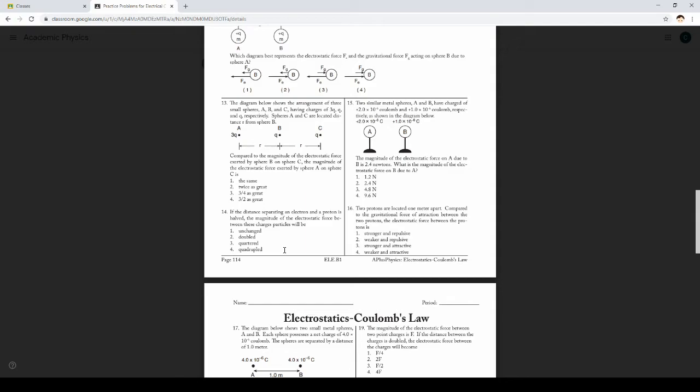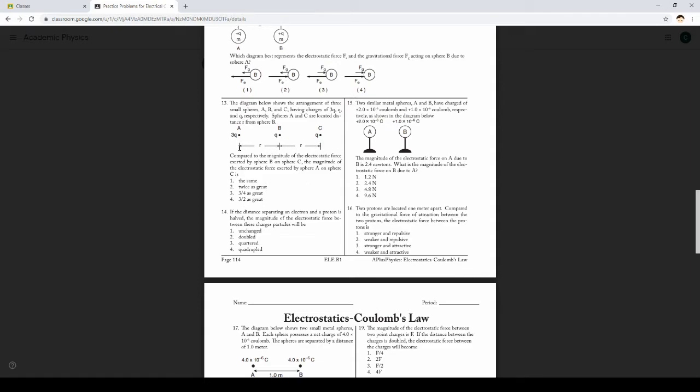Number 13, the diagram below shows an arrangement of 3 small spheres, A, B, and C, having charge Q, 3Q, and Q, respectively. Spheres A and C are located at a distance r from B. Compared to the magnitude of the electrostatic force exerted by sphere B on sphere C, the magnitude of electrostatic force exerted by sphere A on sphere C is... Sphere A is 3 times the charge of sphere B. So when we're doing kq1q2 over r squared, that numerator is going to be 3 times bigger for A on C than it is for B on C. So we're going to have a 3 in the numerator.